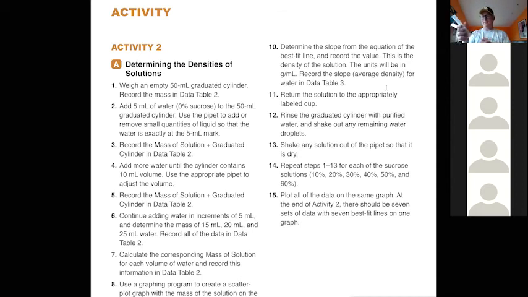This way we get the mass of it empty, and then take the mass each time we add more liquid. My mass of it empty is 29.47 grams. I'm going to assume that mass is not going to change, and that the only change in mass is going to be the liquid I add to it.